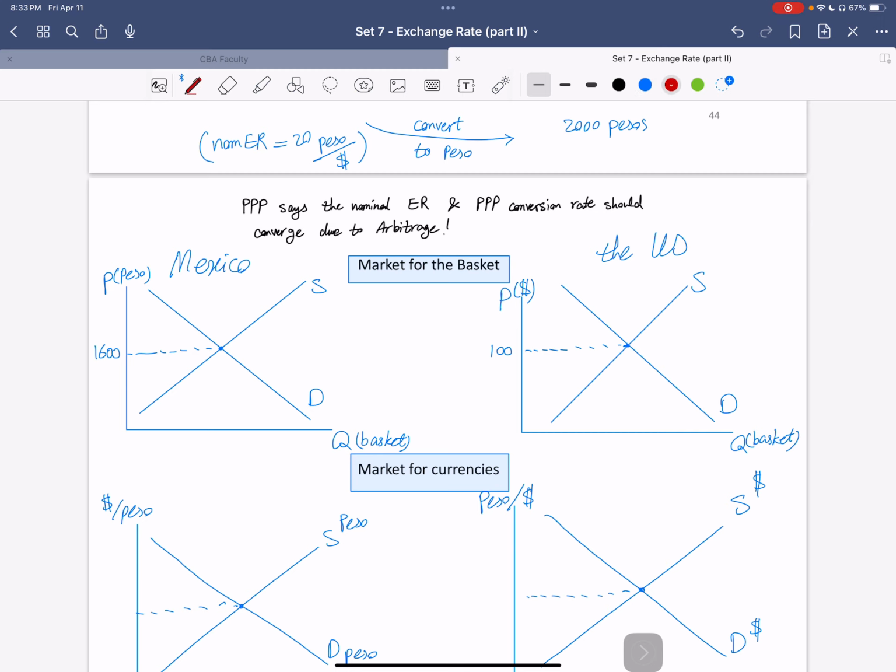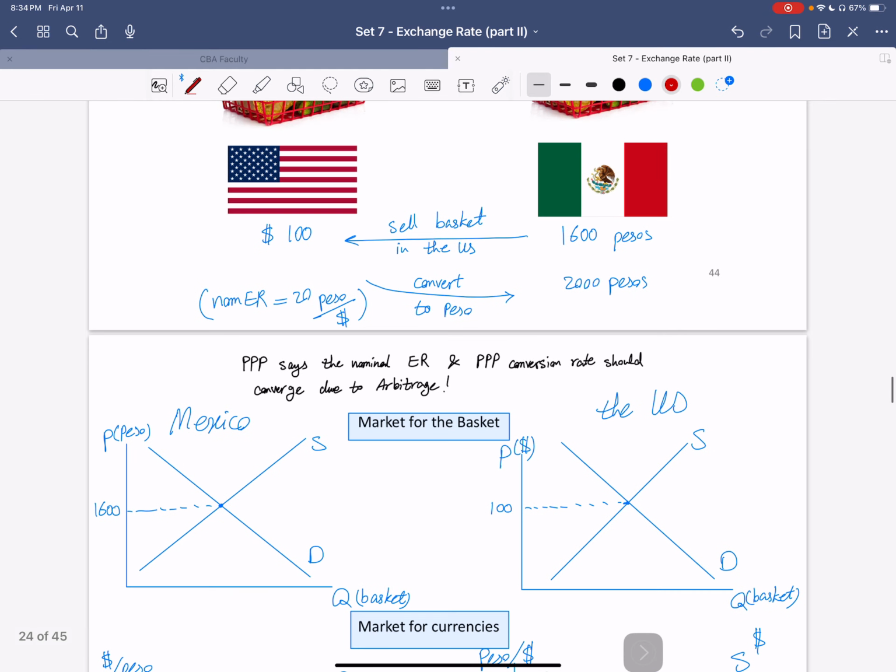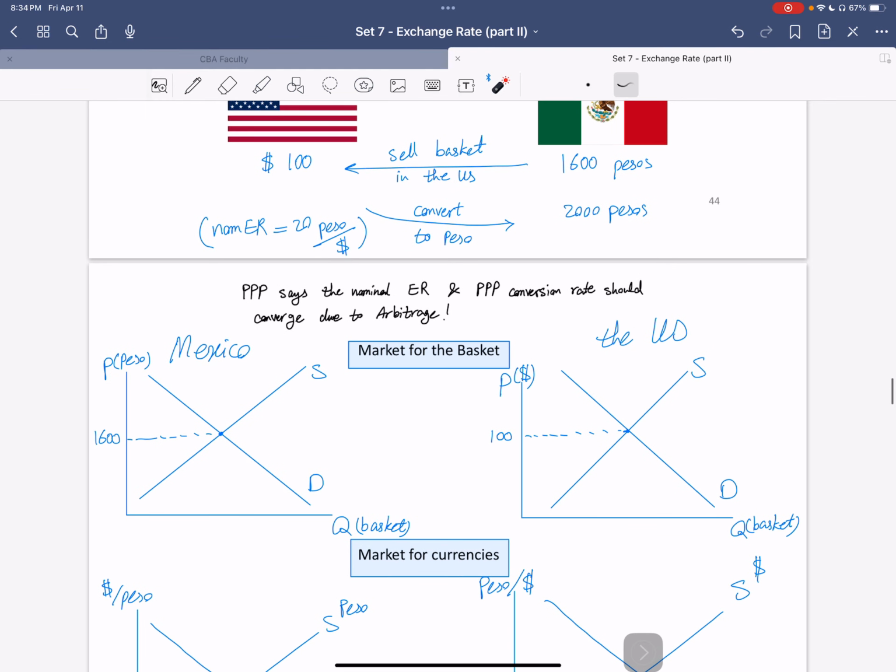What arbitrage says is that when people find out that this is happening, they can gain some profit from buying at the cheaper place, selling at the expensive place.